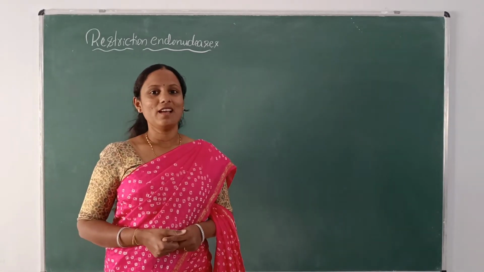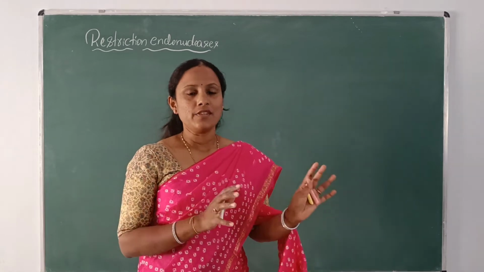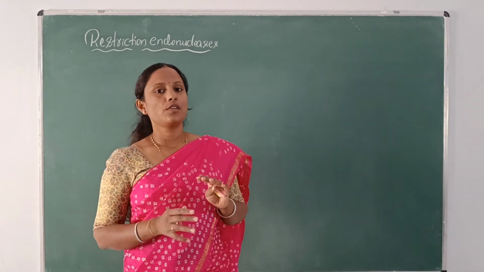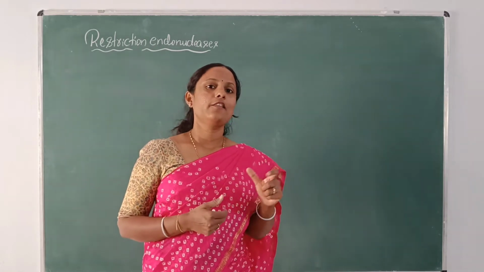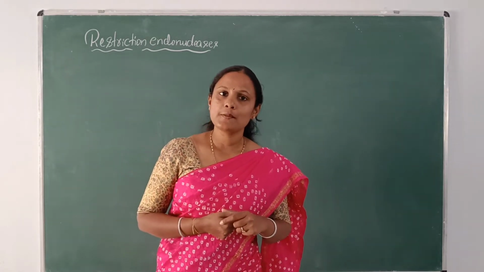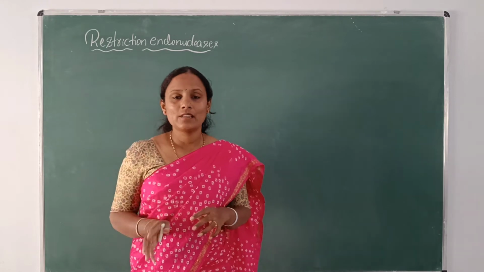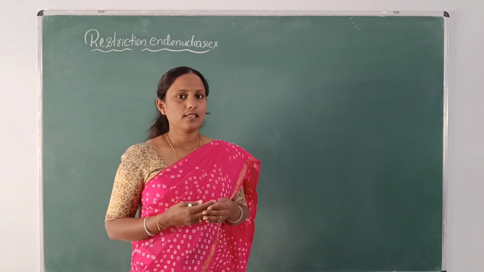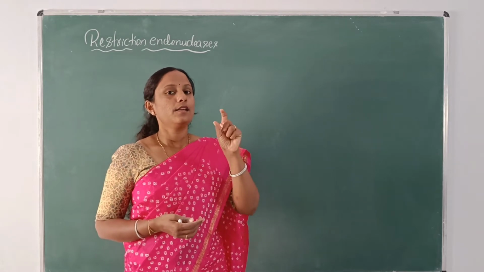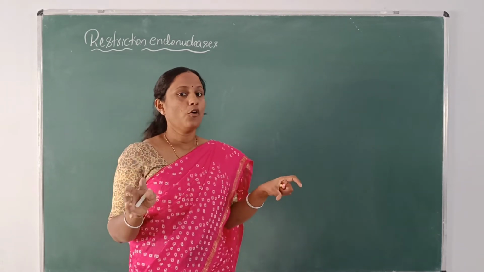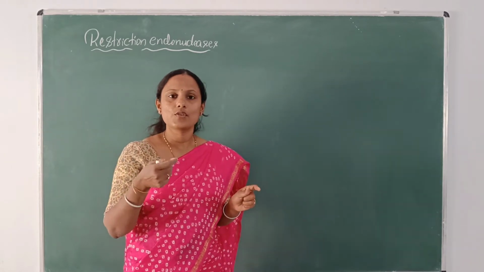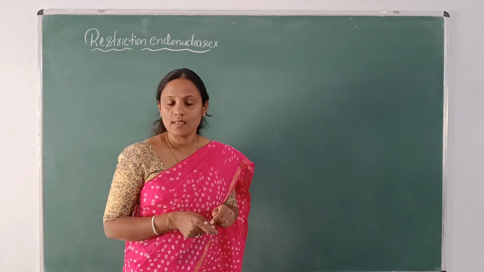Hello, welcome to class. As we discussed in the last class, the discovery of restriction enzymes is helpful in constructing a recombinant DNA. And we have discussed that the restriction enzymes are of two types, restriction exonucleases and restriction endonucleases.